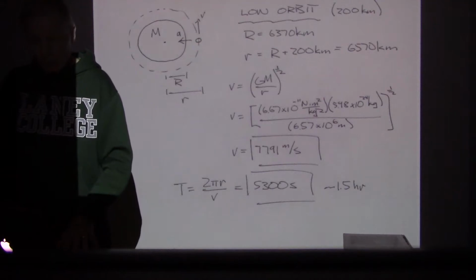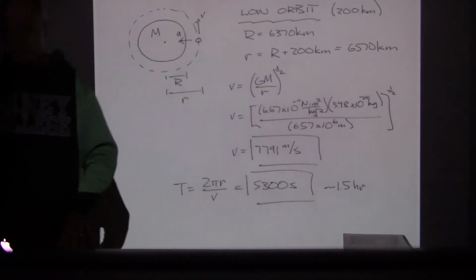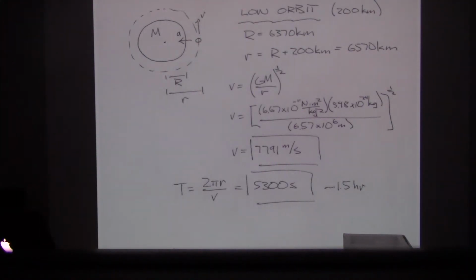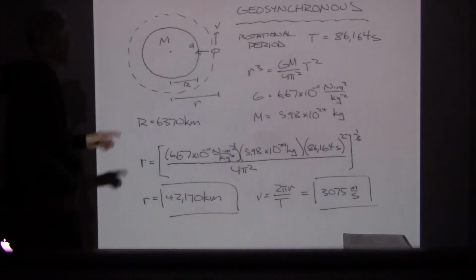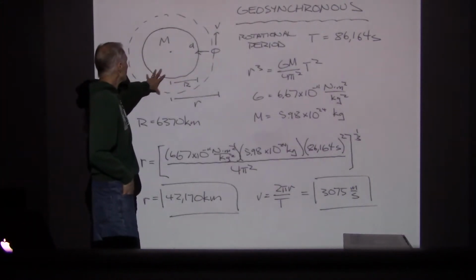Now, I wanted to extend this a little bit, and ask what happens in a lower orbit. The orbit that we've described here is actually a pretty large orbit. Putting something in geosynchronous, let's take a look at the picture that we first drew.